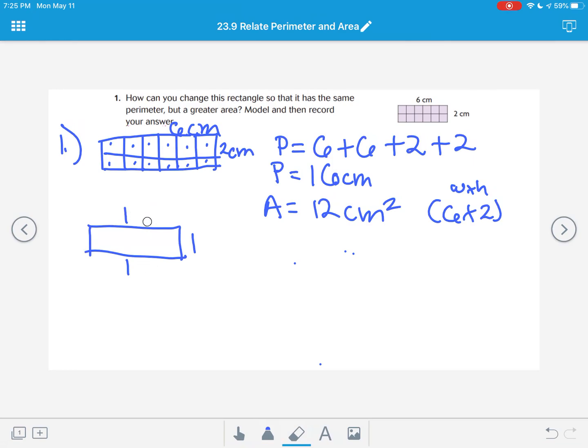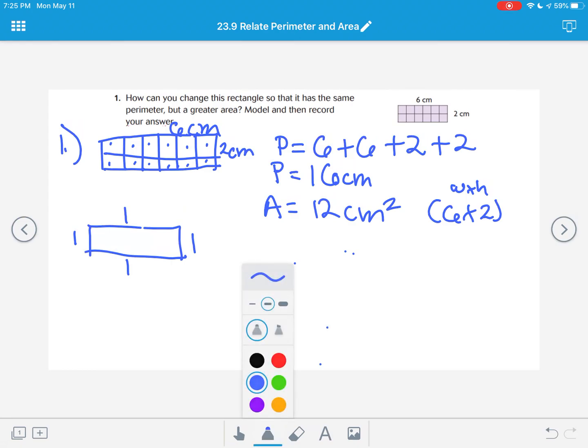I need the total to be 16. So I can't have 16 across the top, but I could do something smaller. So I have to have at least one square on each side. So I'll leave the heights one square.